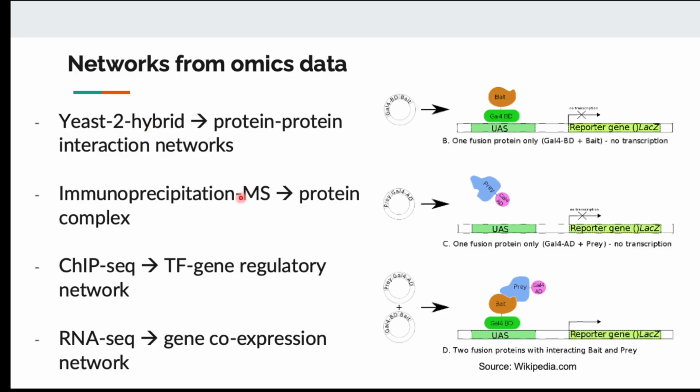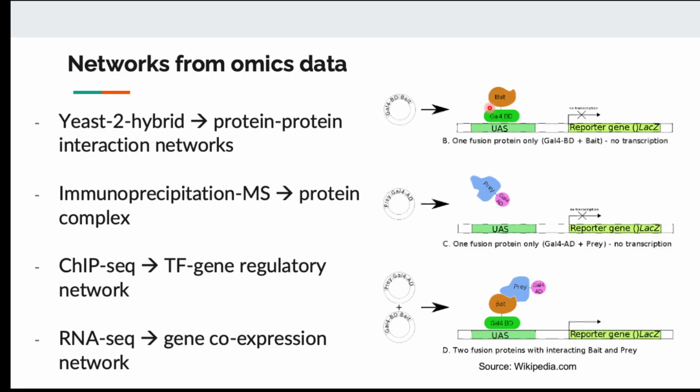People also try to use mass spectrometry to understand if two proteins can bind to each other. If you pull down one protein with an antibody that is specific for that protein, and that protein doesn't bind to anything, you expect your pull down result to be purely just that protein.